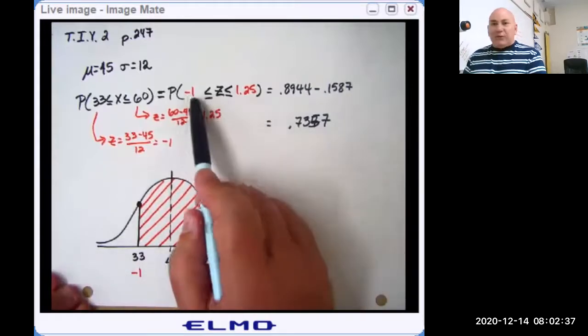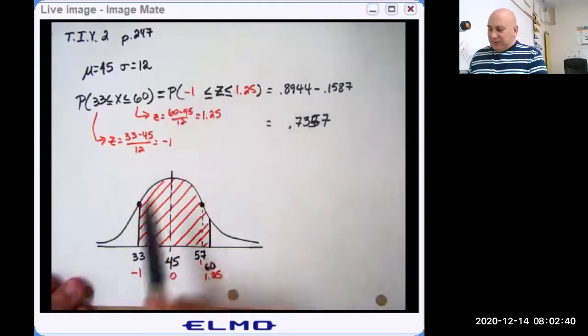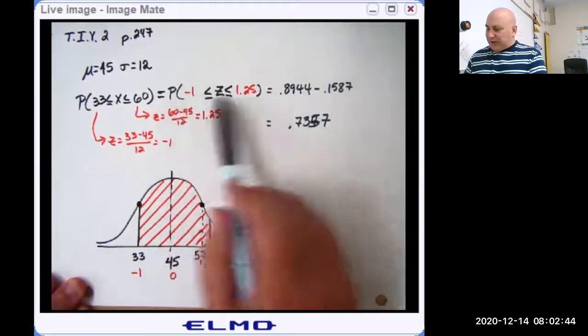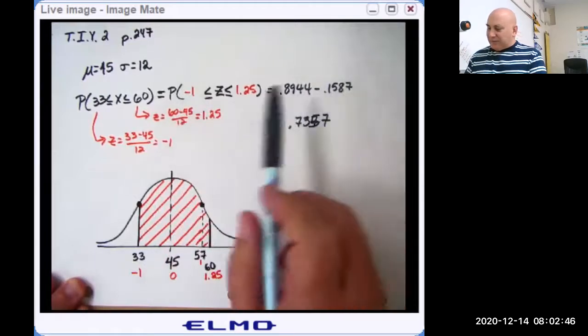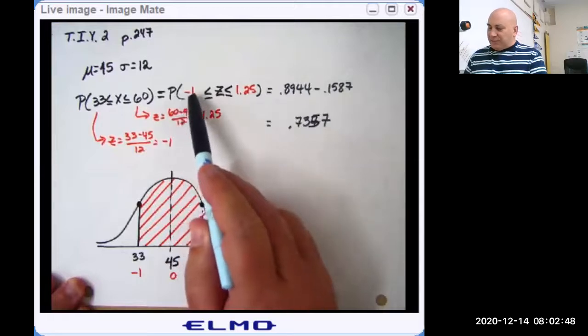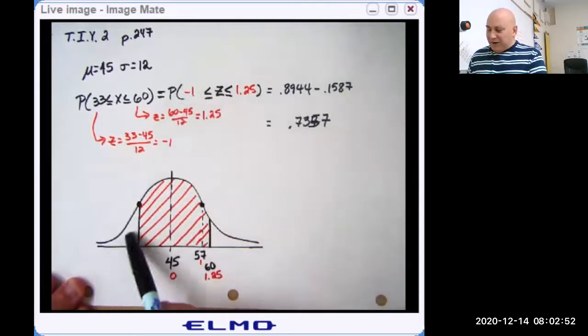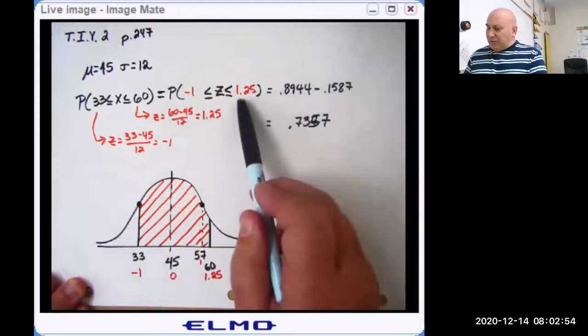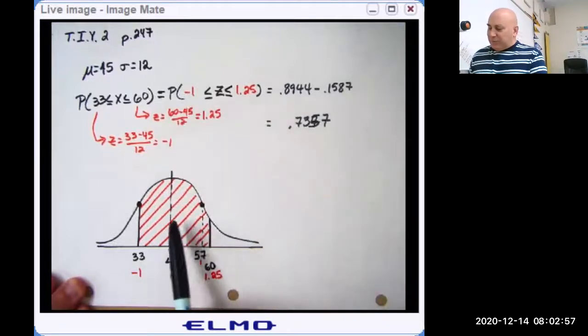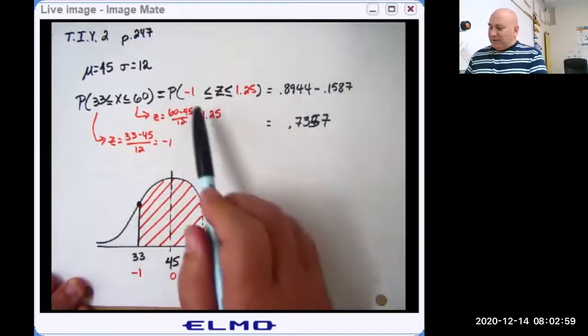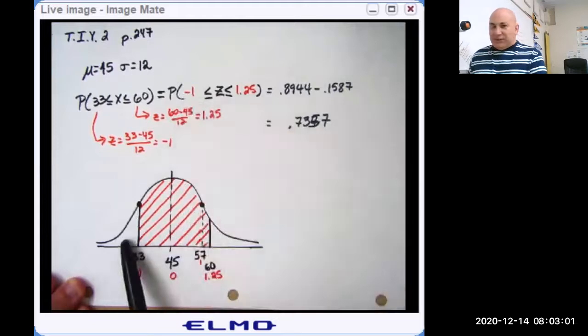The table value for -1 gives me the area under the curve from -1 to the left. So this table value, 0.1587, which I get from looking up -1.00 on my table, gives me this white area. The table value for 1.25 gives me the shaded and the white. The table value for -1 gives me the white.